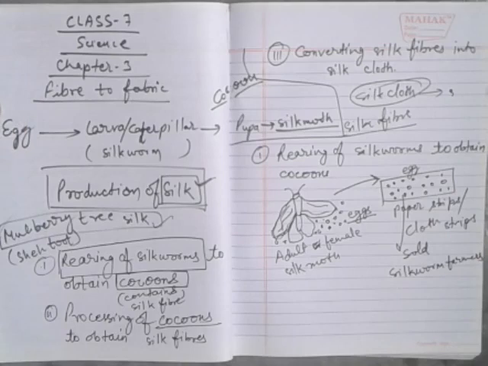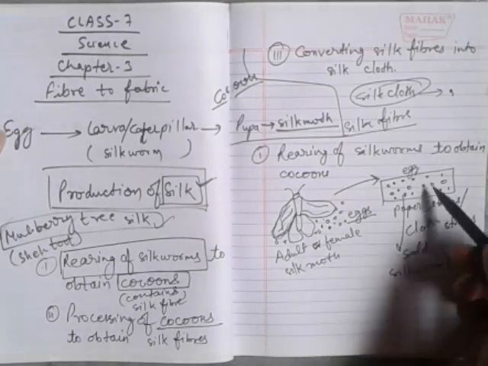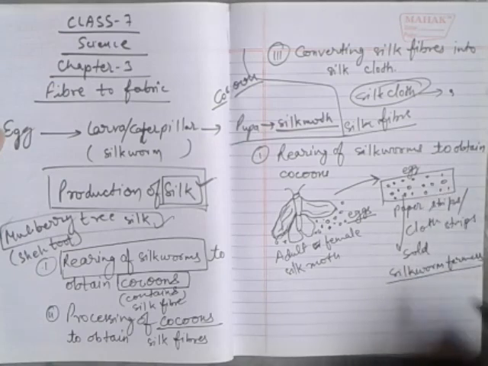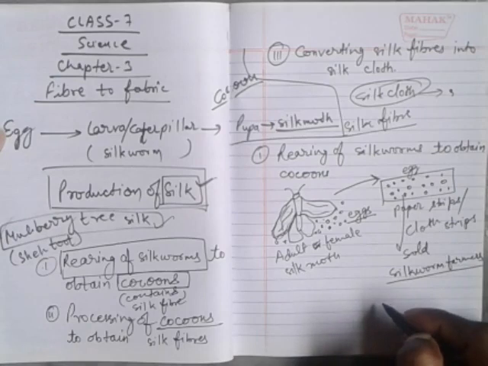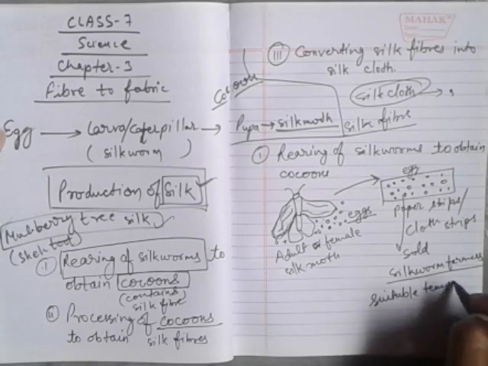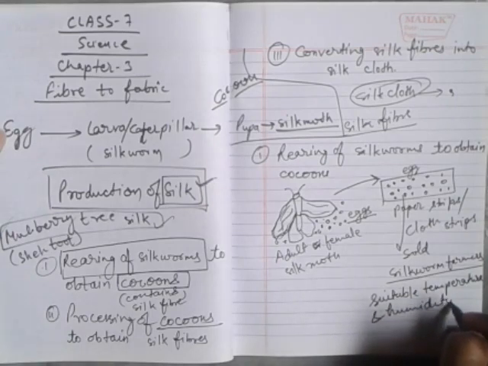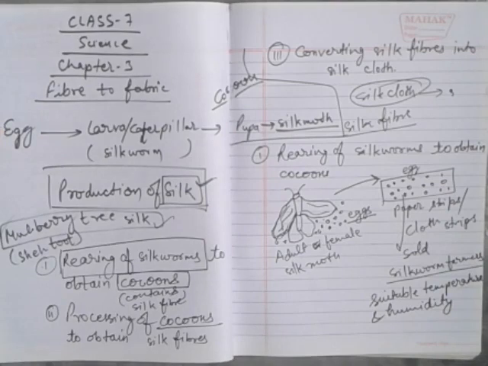The farmers keep these eggs at suitable temperature and humidity under hygienic condition, which are favorable for hatching, and these eggs are then warmed to a suitable temperature for hatching.